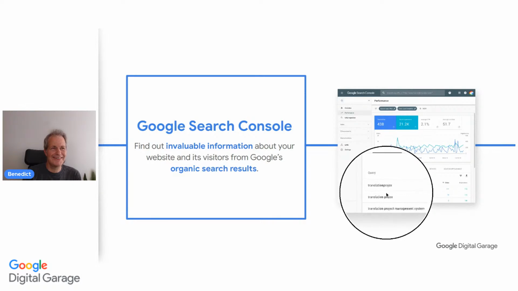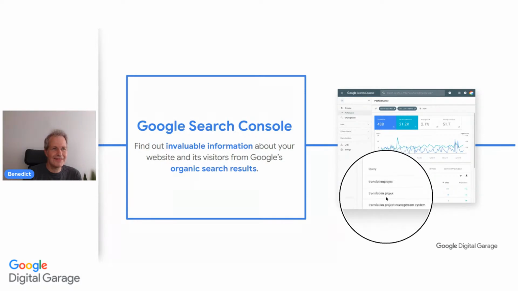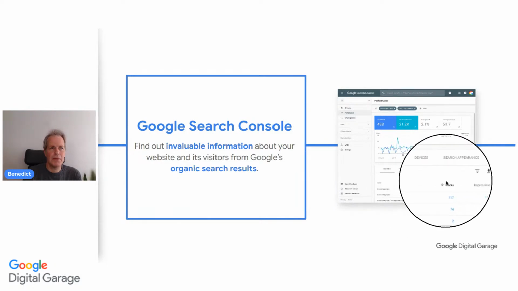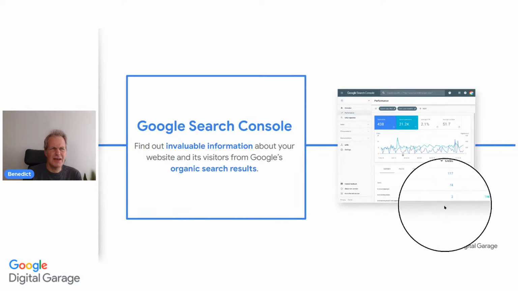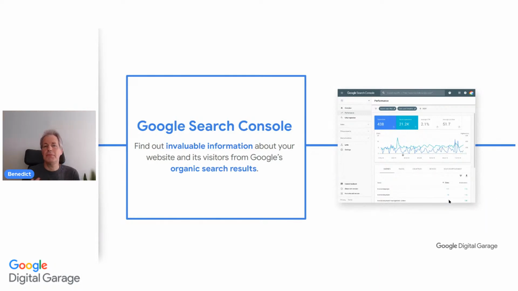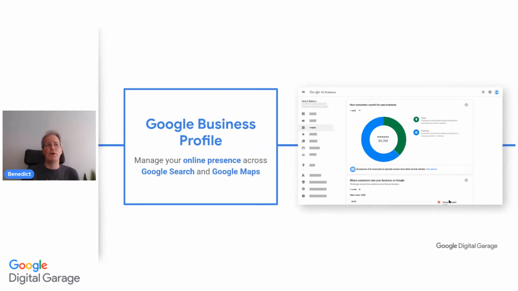I'm trying to see what it is actually saying, but I think these are what they were actually searching for. And then over here you've got the actual clicks, and impressions, in other words, that appeared on the page but they didn't click on it.